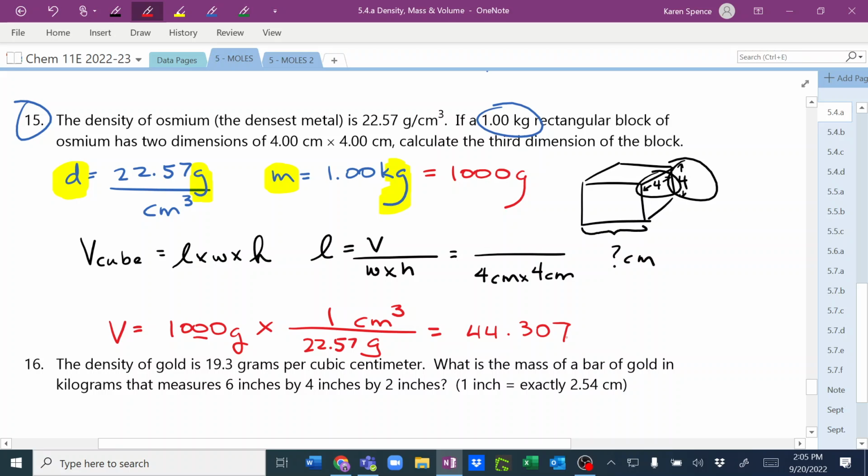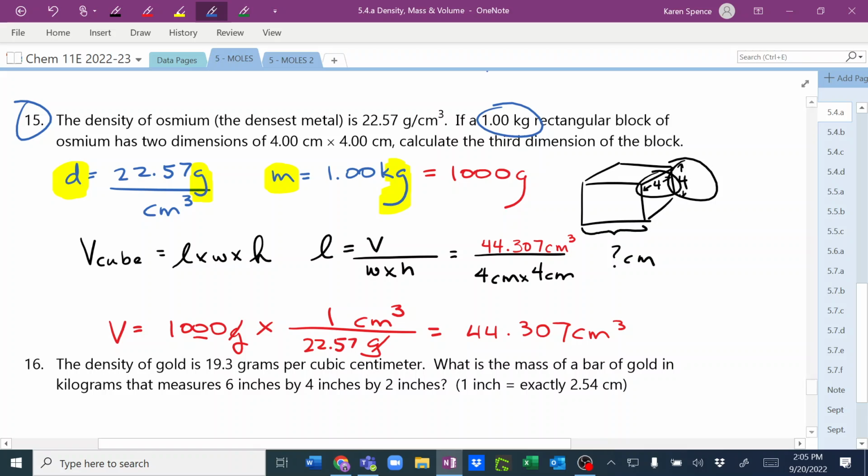There are more digits. It's actually 44.30660, but I'm just keeping an extra couple digits past my sig figs, which would be 3 sig figs. Okay. So I can now plug that in here, and that is 44.307 centimeters cubed.